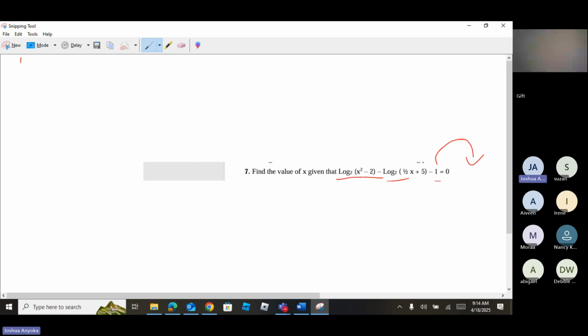So we have log base 2 of x squared minus 2, minus log base 2 of half x plus 5 is equal to, we take 1 to the other side, and we want every term to have a log base 2. So we need to introduce log base 2 to this one.